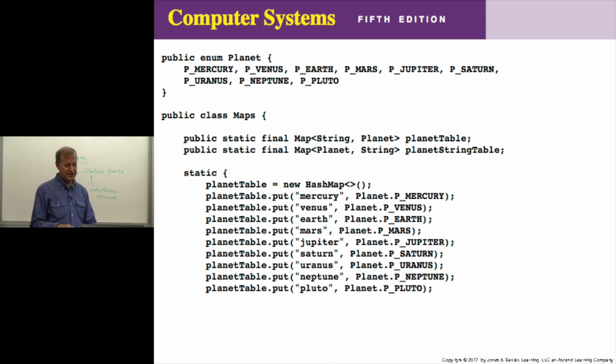So we say static. Now, what does static mean in a programming language? Yes, one per class instead of one per object. So we say static, and we say planet table gets new hash map. All right. And the reason this is a hash map is because the key is a what? What is the type of the key?